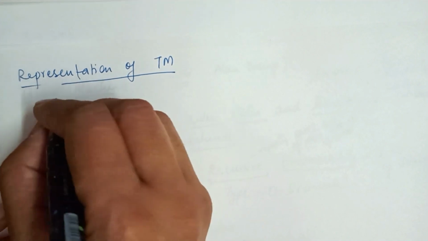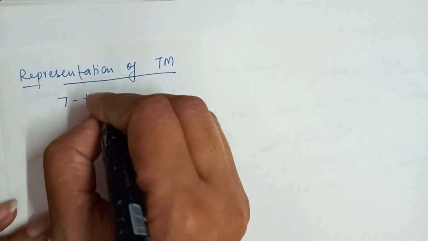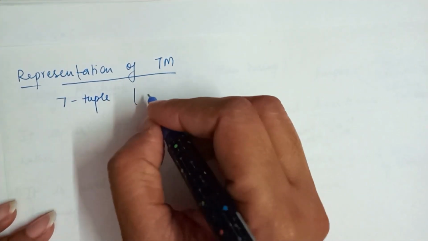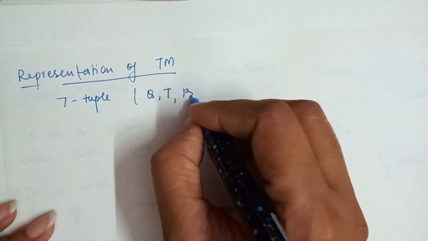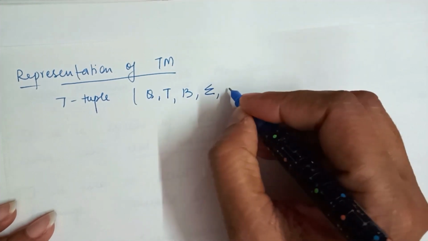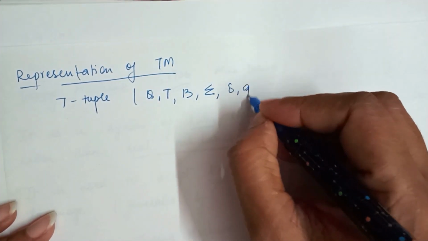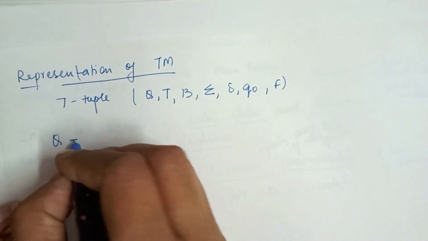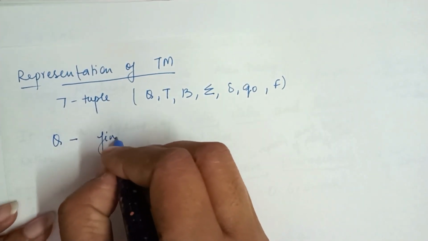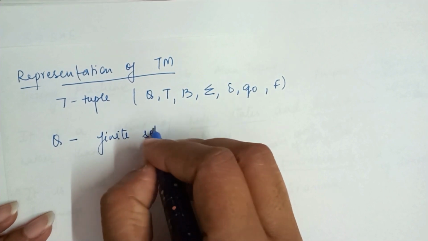So for the representation, it is represented by a 7-tuple. And what are the 7 tuples? The 7 tuples are Q, T, B, sigma, the transition function, Q naught, and F. Now, what is Q? Q is a finite set of states.